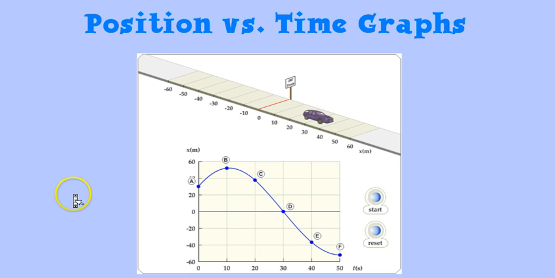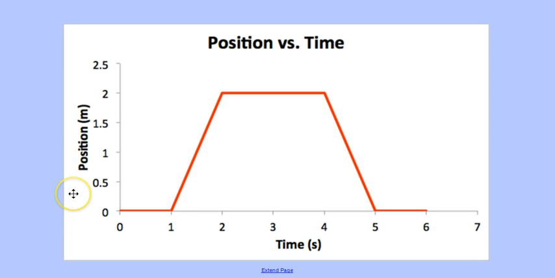Well, if I take a look at another position versus time graph, like you can see on the screen here, this one is maybe a little bit more straightforward than the one we just looked at. Basically, between 0 and 1 second, the position doesn't change. Our object that created this graph stays at the origin. Between 1 and 2 seconds, our object is moving away from the origin in the positive direction.